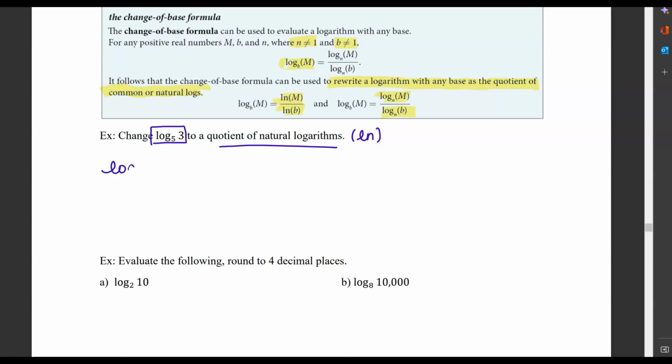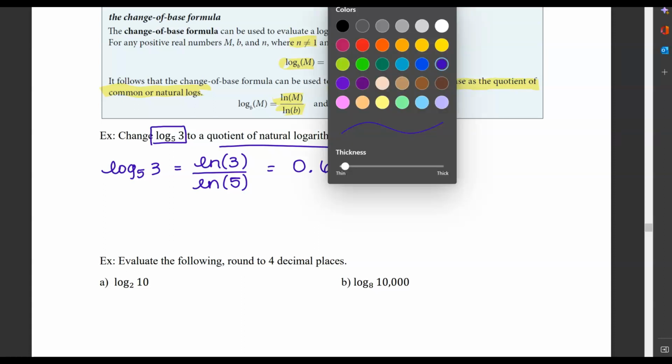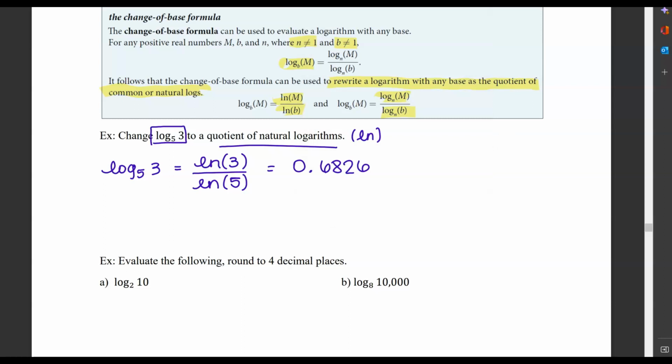So we're going to take the original, log base 5 of 3, and this is going to equal, now I'm going to take my new base, ln of 3, my original input, divided by ln of my old base, which is 5. All right, so now you can go ahead and plug in ln of 3 over ln of 5 on your calculator, and you're going to see that you get 0.682.